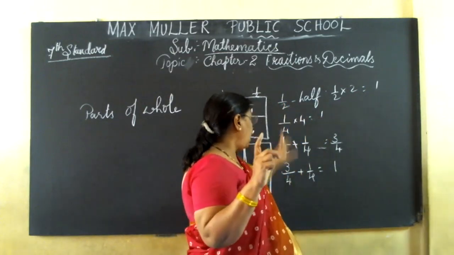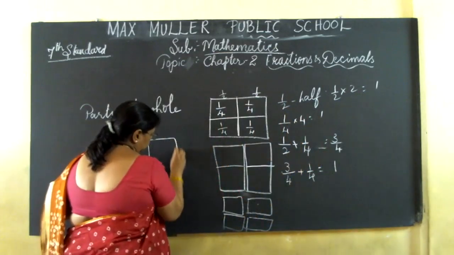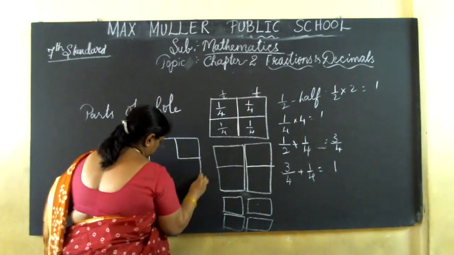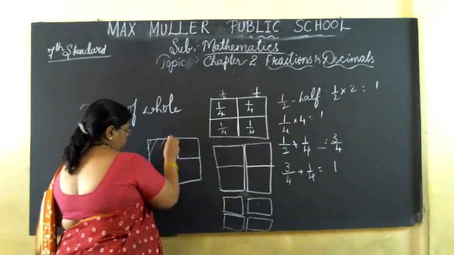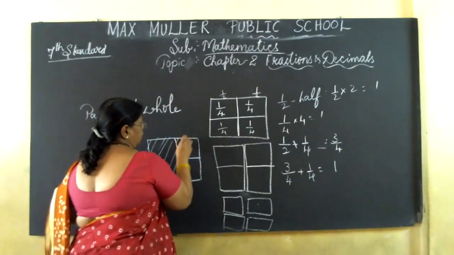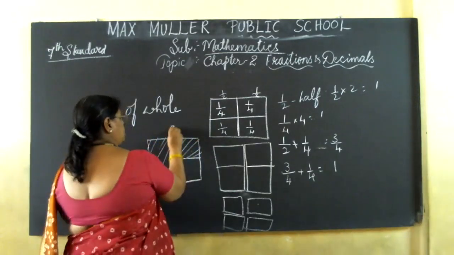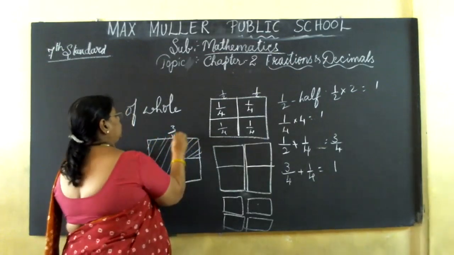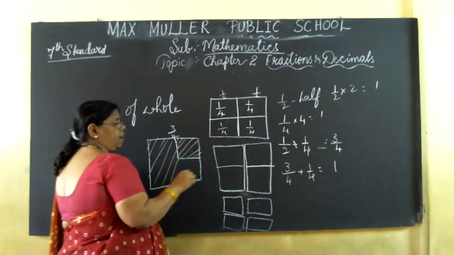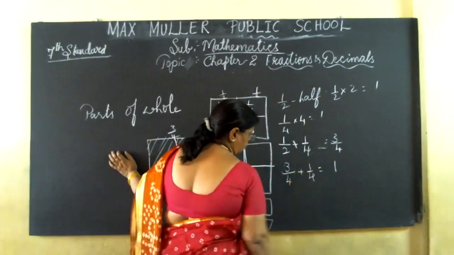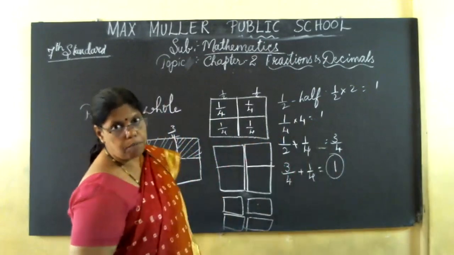And half and 1/4 becomes 3/4. So 3/4 plus the other 1/4 makes you one whole.